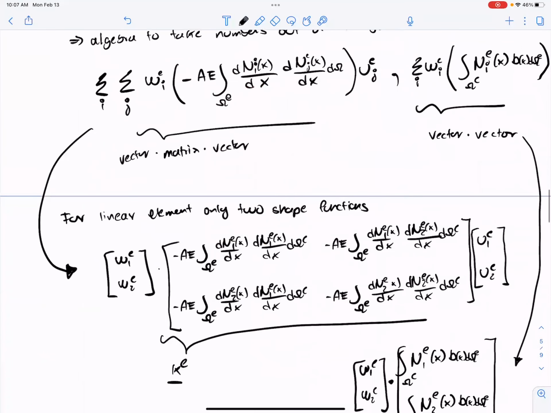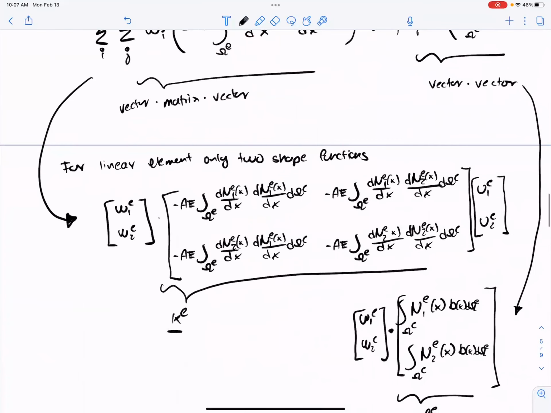And if you arrange them in a matrix form, then you get this matrix with these integrals that, again, might look daunting, but you have all the information, so you can actually compute those integrals. And that is the stiffness matrix.